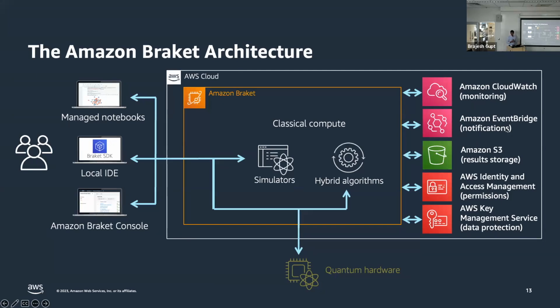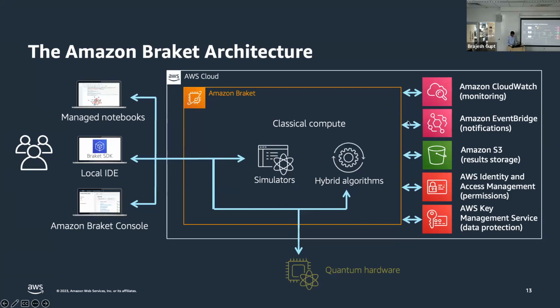So if, for example, you have submitted a task or a job to either simulators or quantum computers, it can send notifications to your email and to your phone as a text message to let you know the status of your job submission. Then you can store results and your data sets using Amazon S3 bucket, that is for simple storage. And then for permissions and data protection, you can use other services as well.